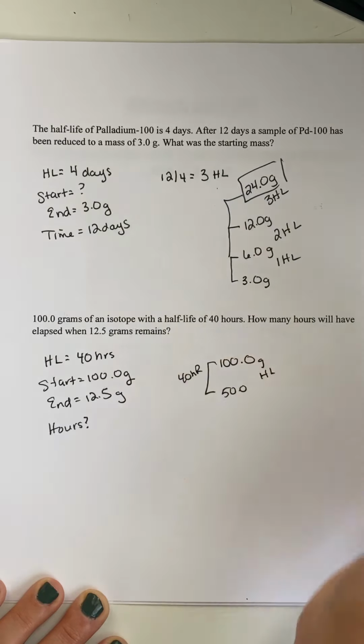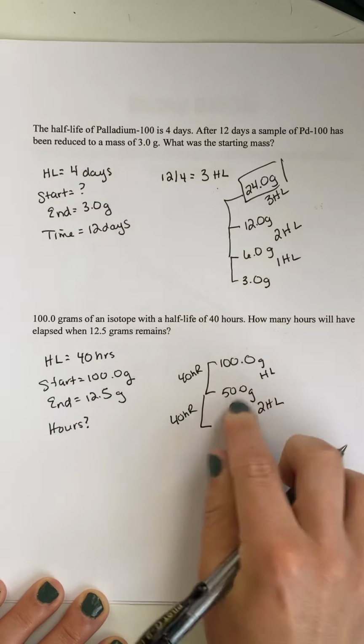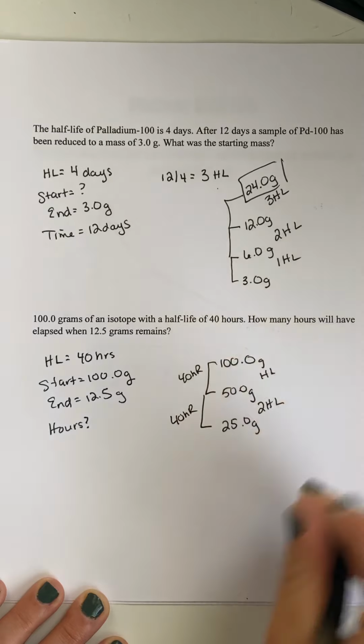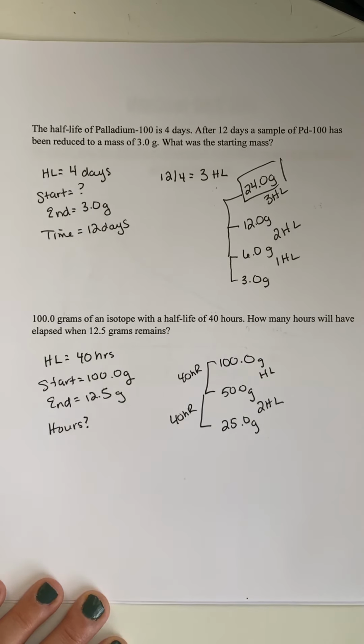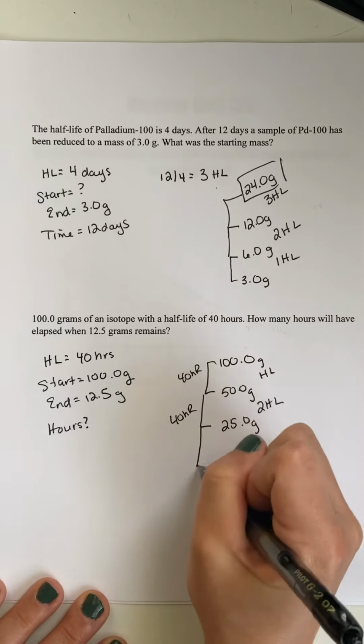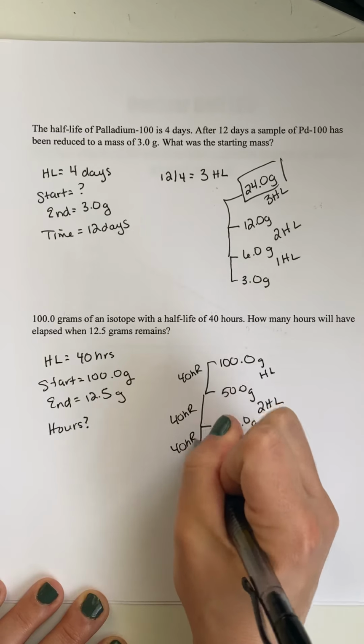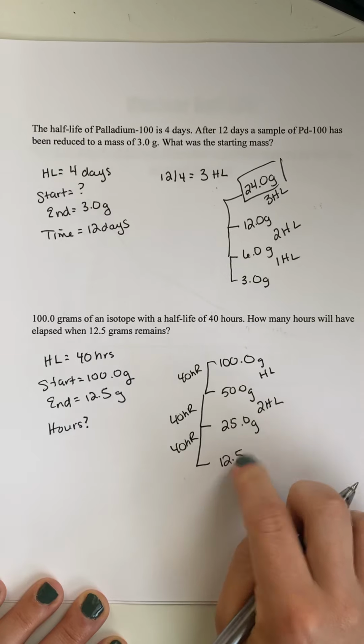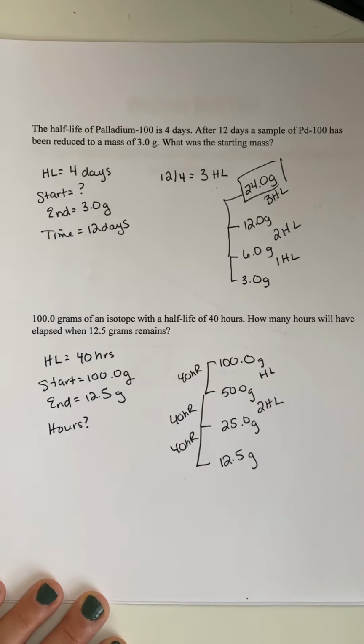So let's let another 40 hours pass, and that's going to be our second half-life. 50 divided by 2 is 25 grams. Okay, still not at 12.5, but another 40 hours has passed, and I am at half of 25, which is 12.5, and that's what I want to get to.